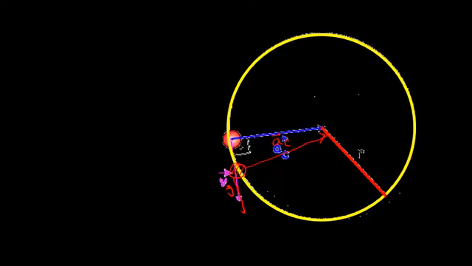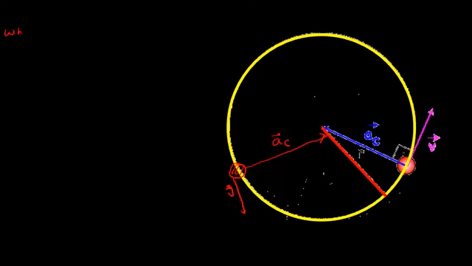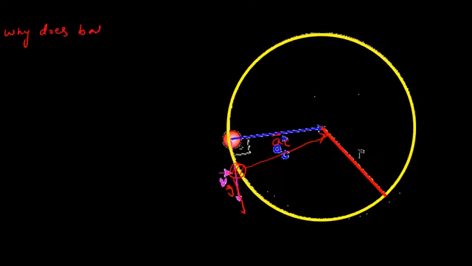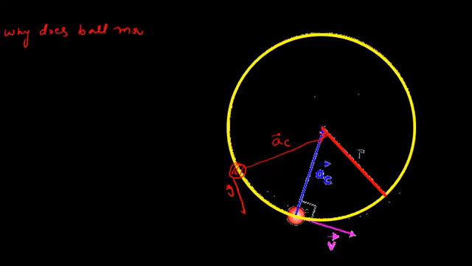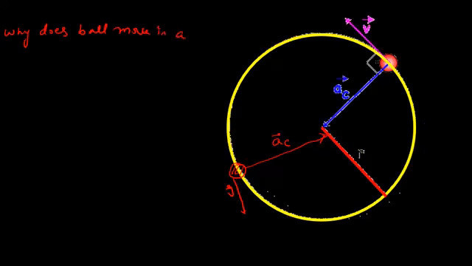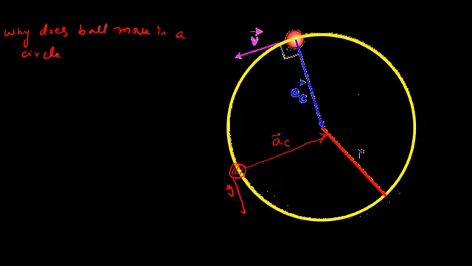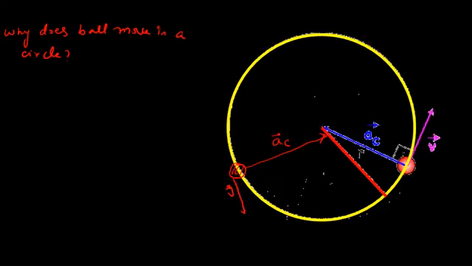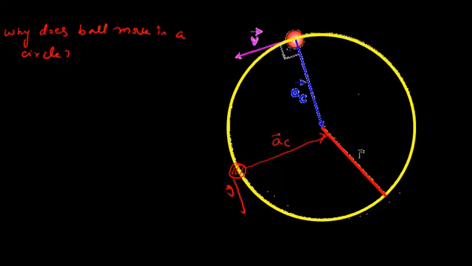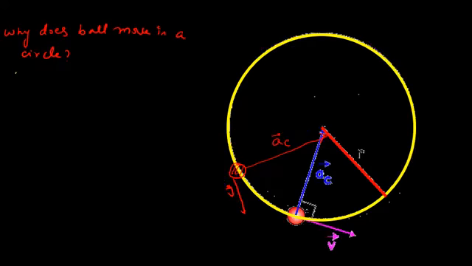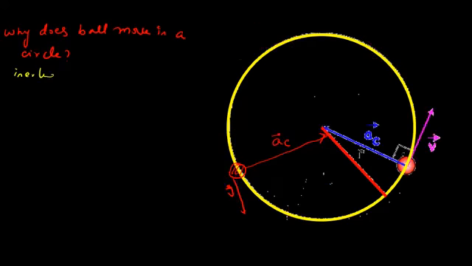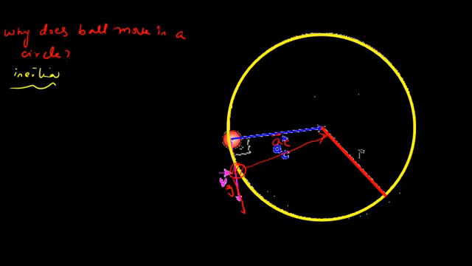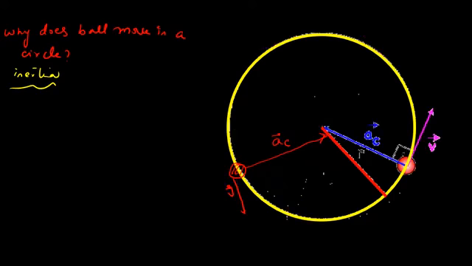So the question here is: why does the ball move in a circle? We can answer this question, but first we need to know about inertia. Any body which has mass has inertia.